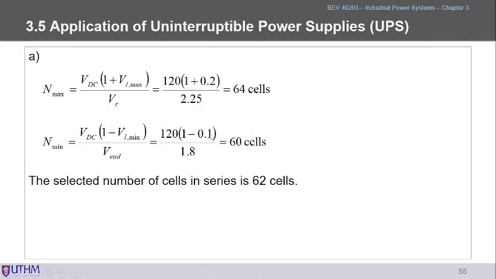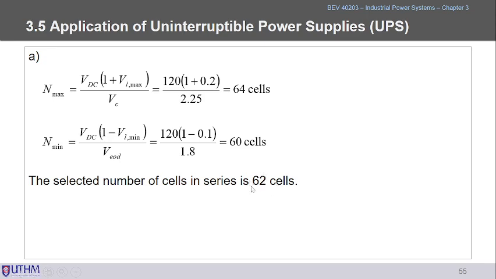And VC is 2.25, and the end of discharge voltage is 1.8. So the maximum number of cells is 64, sorry, and the minimum is 60 cells. Normally we will take in between 60 to 64, then we choose 62.